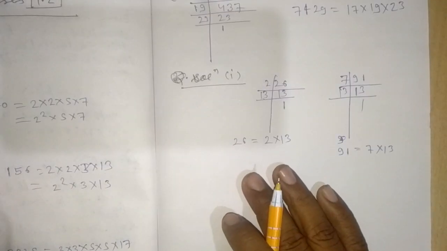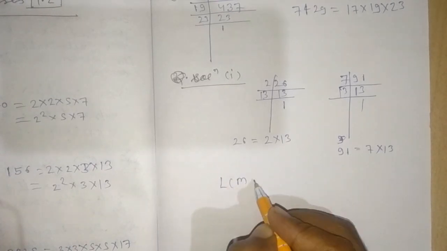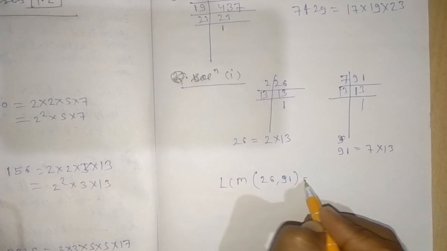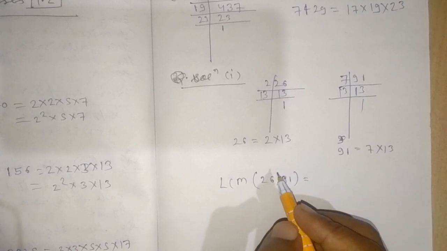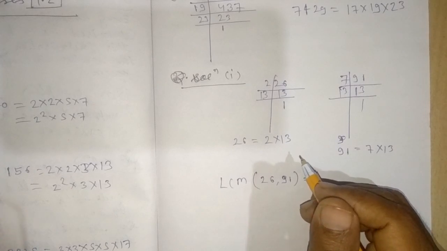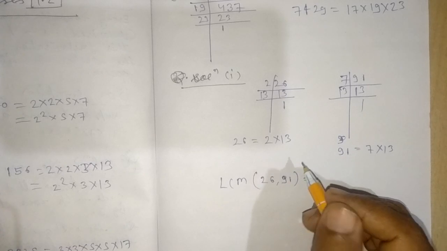So we take out the LCM. So LCM of 26 and 91 equals... One formula is, how can we take out the LCM of these two numbers from these two prime factorizations by a simple method.